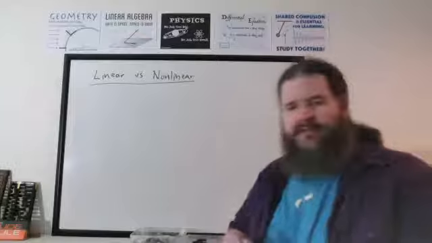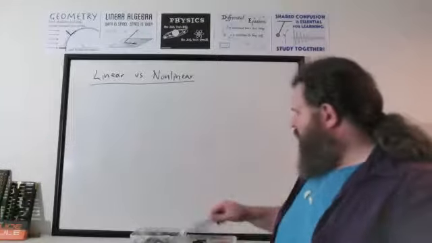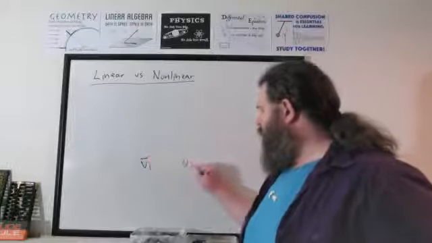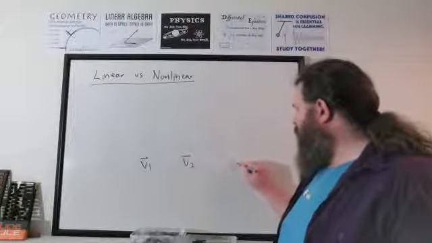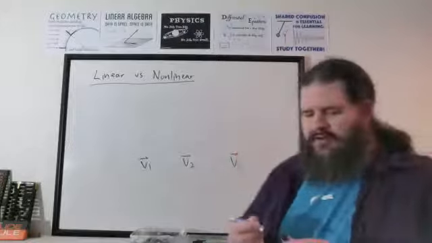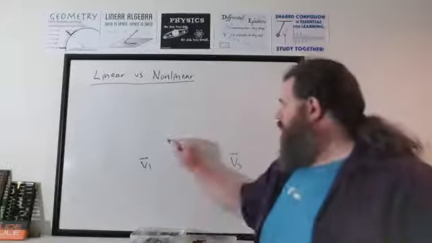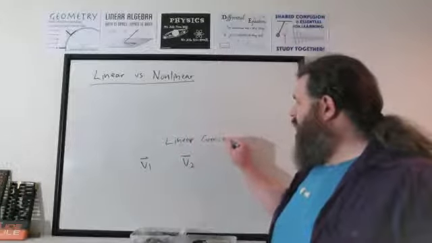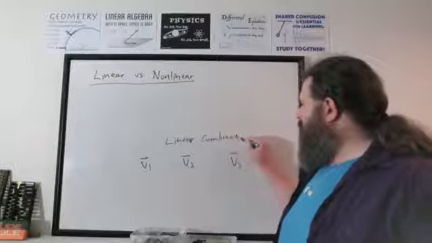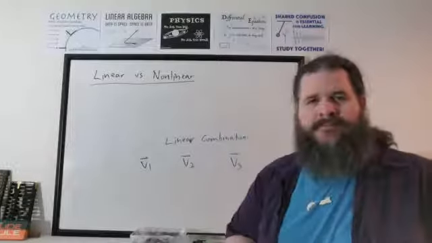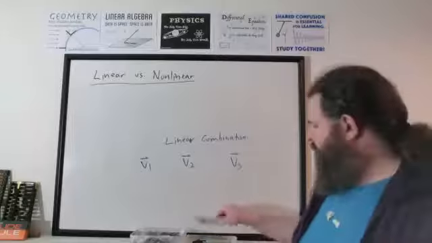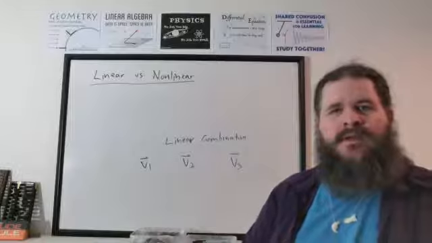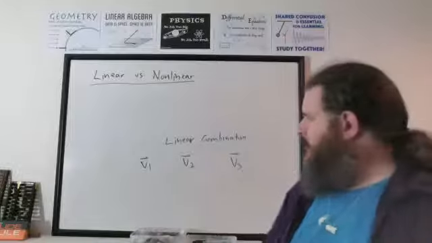For example, if you've got a collection of vectors, let's just call these vectors v1, v2, and v3. If we're talking about a linear combination of these vectors, what would it mean to make a linear combination? What could you do to these vectors that counts as linear? You can make a linear combination out of them, like a v1 plus b v2 plus c v3.